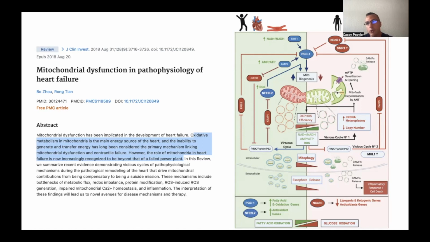And you're also going to see that there is an increasing mitochondrial DNA heteroplasmy and a decreased copy number, or the amount of actual physical copies of the DNA. So you have a vicious cycle that becomes part of the central role of heart failure. You have increasing heteroplasmy, you have damaged mitochondrial function, you have decreased oxidative efficiency, which leads to excess reactive oxygen species, which damage mitochondrial DNA, which then lead to increasing heteroplasmy and ultimately heart failure.